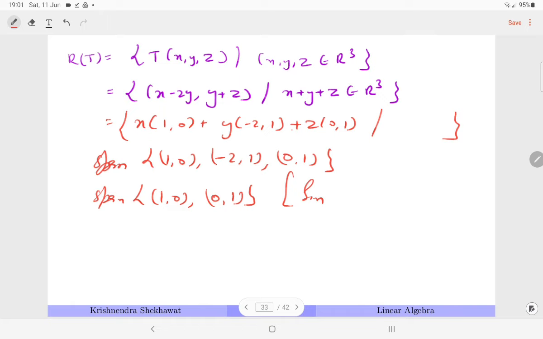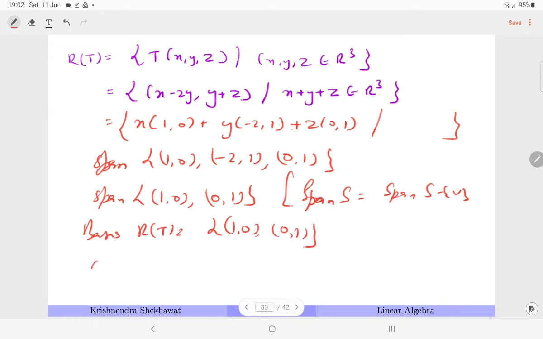Recall the theorem that if v can be expressed as a linear combination of other vectors of set S, then span S is equal to span S minus v. Now 1 0, 0 1 is a linearly independent set. It forms a basis of range of T, which is 1 0, 0 1, and therefore dimension of range of T, which is rank T, is equal to 2.